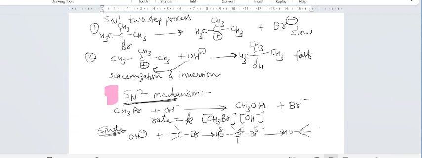And here there is inversion of configuration taking place. Why? Because the front side is blocked. So this hydroxyl ion can come from the back side only. So both the sides are not open for the attack by the nucleophile. So there is inversion of configuration.